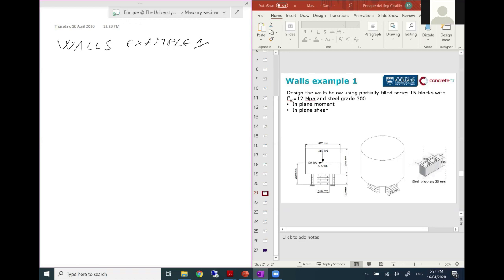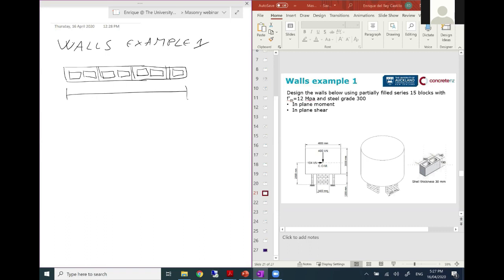So first, I'm going to do a brief sketch of my wall. This is my wall.